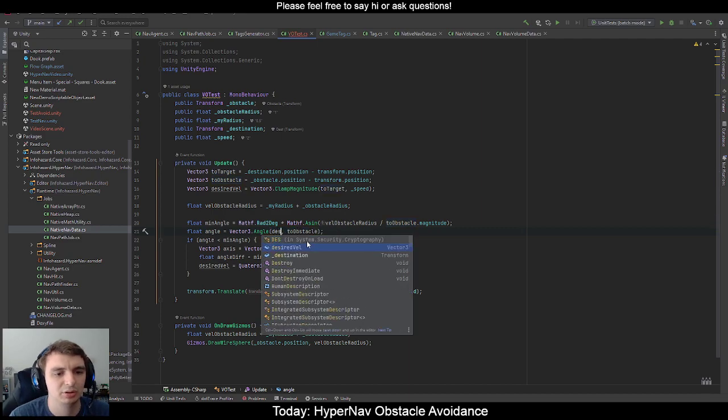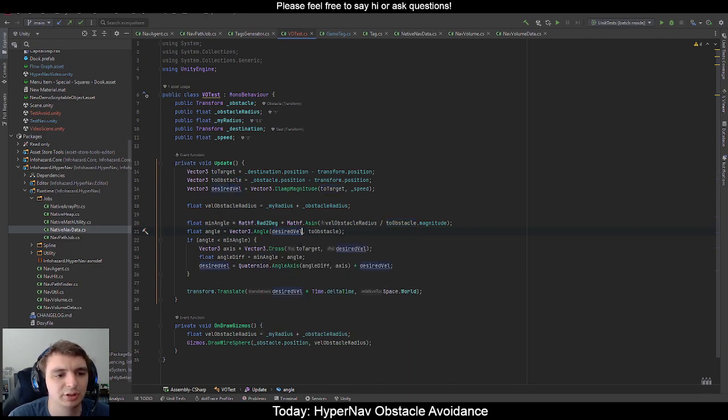Or actually, we don't want to use toTarget after we know desiredVel, because the target is basically just for calculating the desired velocity.